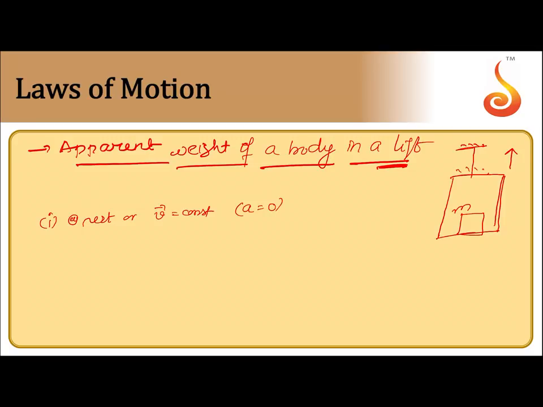Then you know that mg and N are equal to each other, and the normal reaction is a measure of its apparent weight. Thus we can say the apparent weight of the object is equal to its actual weight mg.